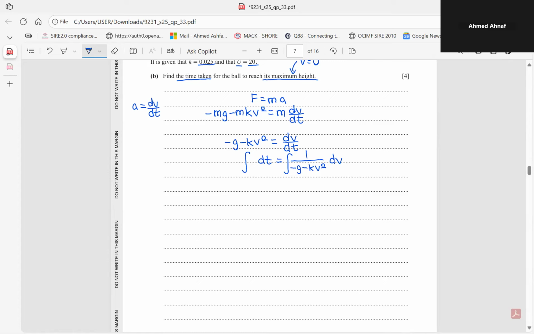For the left-hand side, we're just integrating 1 with respect to t. So that will just give us t plus c. As for the right-hand side, the first step that we can do is to factor out -1 from the denominator. So you take that -1 out of the integral, you get minus integral of 1 over g plus k v squared dv.